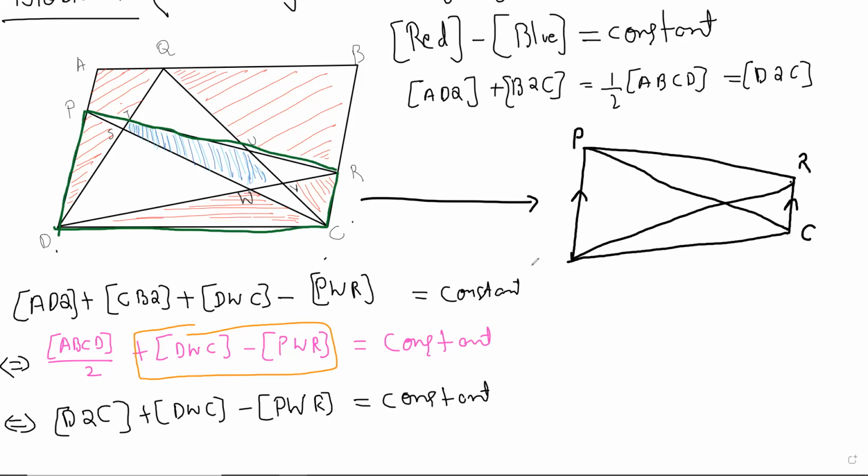If W is shifted a little, then the areas of both of them will change, but the difference should remain constant, because if we see the other two triangles in this equation, PDW and RWC, one triangle will increase, and this will remain.